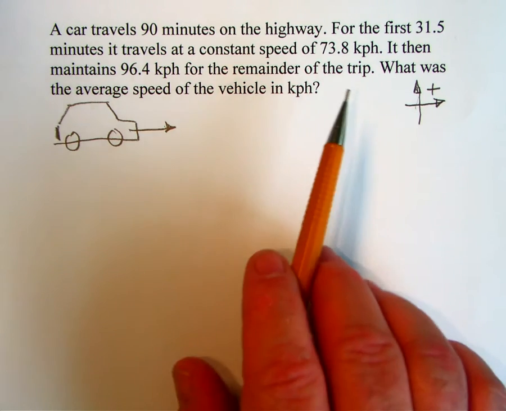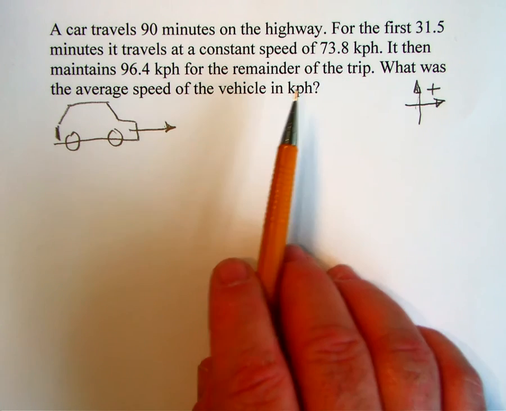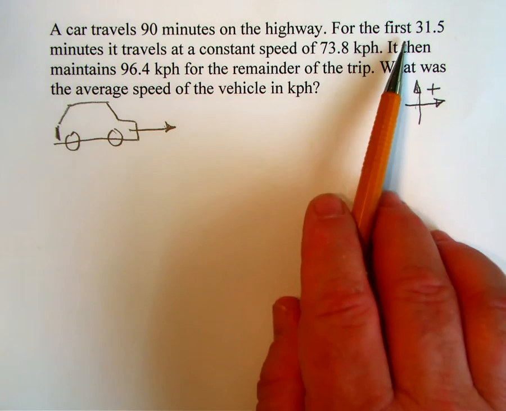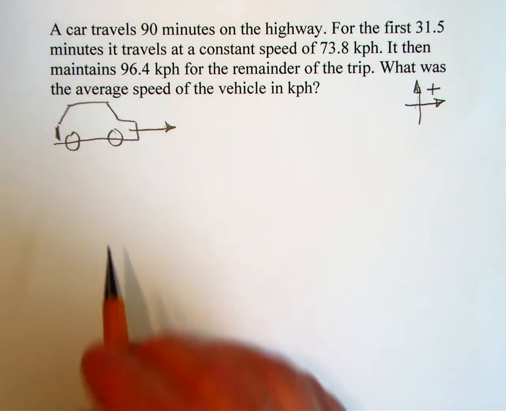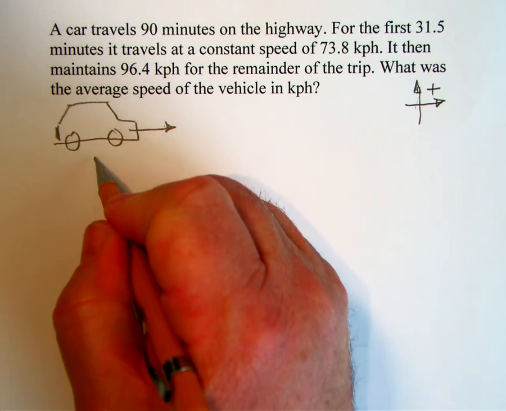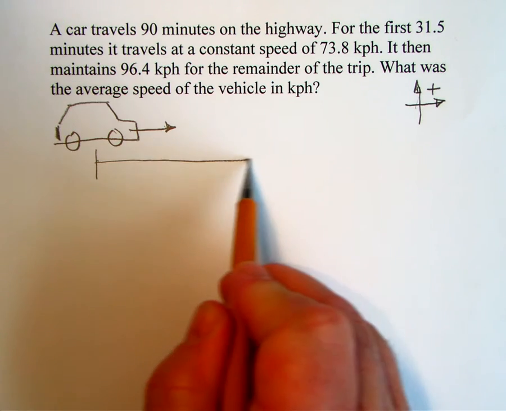So there's definitely a little bit of a trick to this problem. It's not just going down the road at a constant speed. It's got two separate time periods when it's going two different speeds. So to help us understand that, let's draw a timeline.